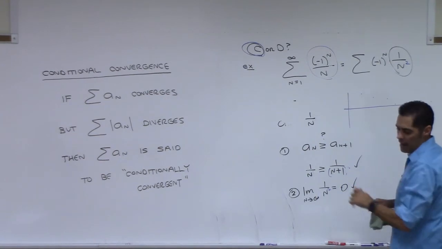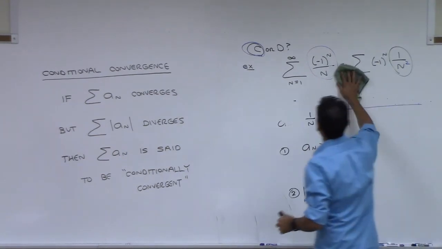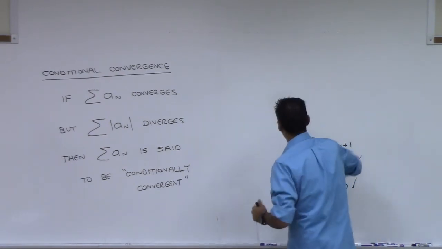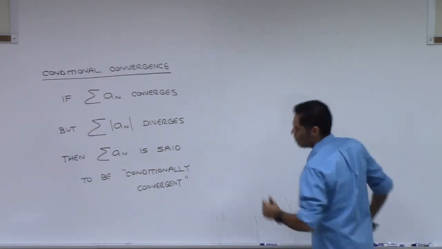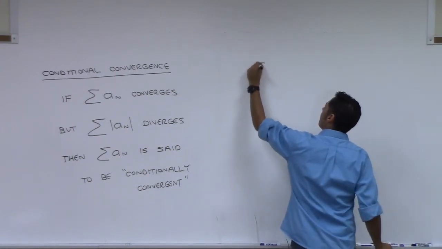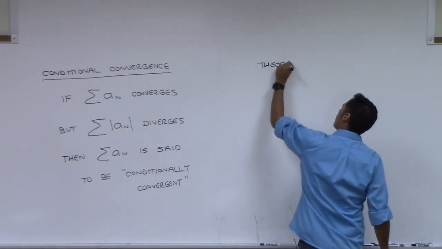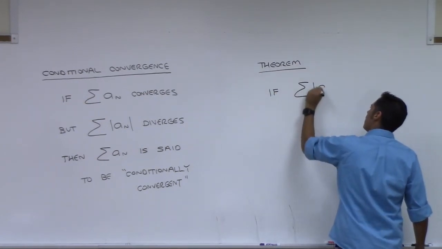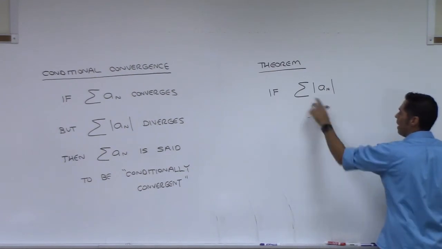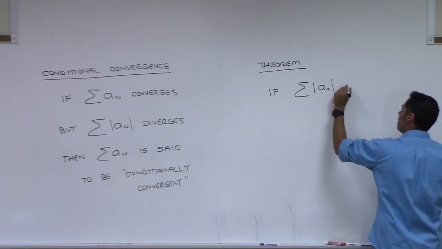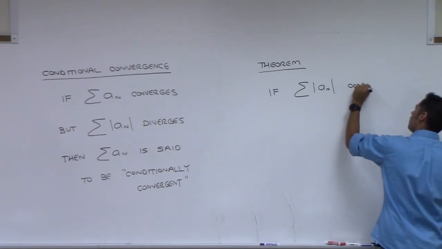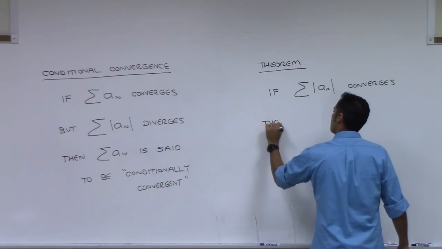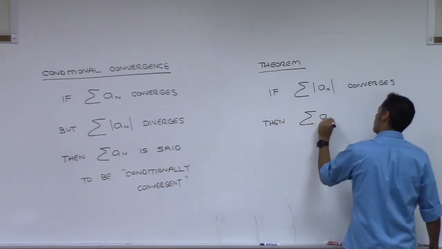Now, the last thing we have before we move on to the next test is a theorem. The theorem states that if you have a series, you take its absolute value, and this converges, then of course the series must converge.